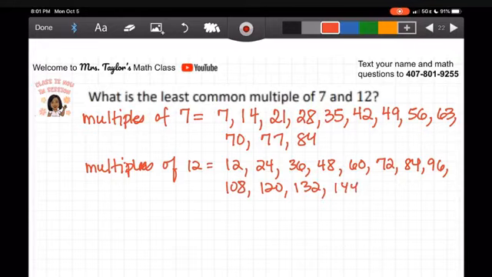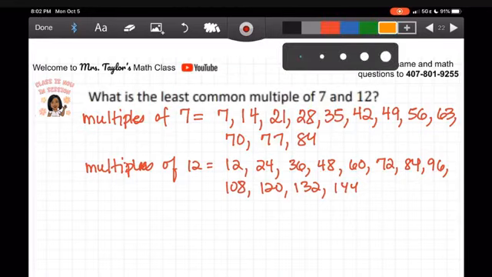That takes me to 12 times 12 as well. So, what is the smallest multiple they have in common? Well, the smallest one I have, the only one I see so far, is going to be the 84.